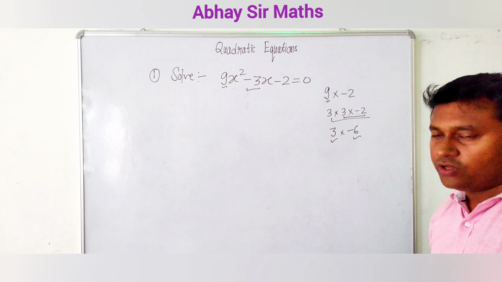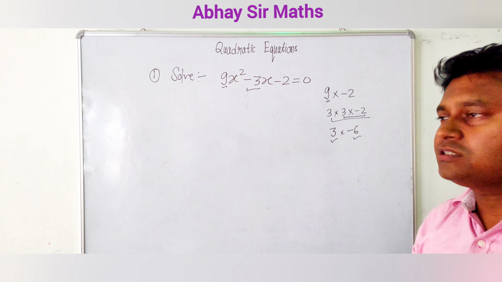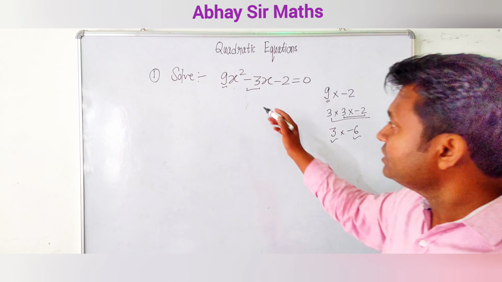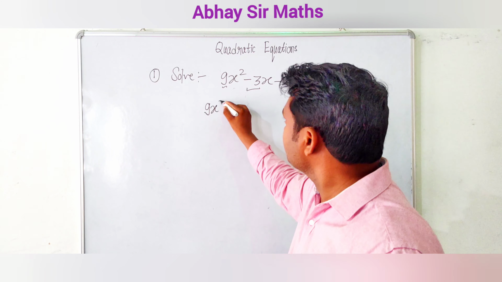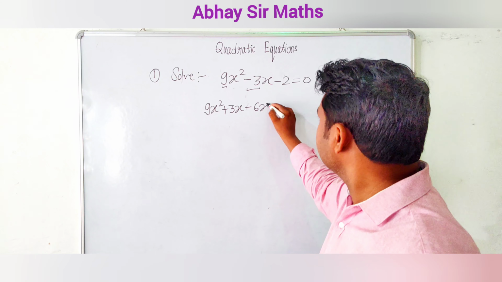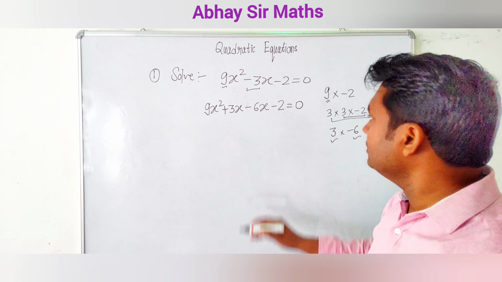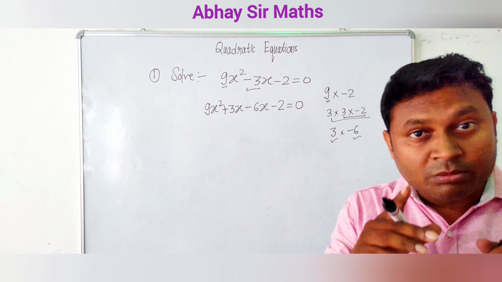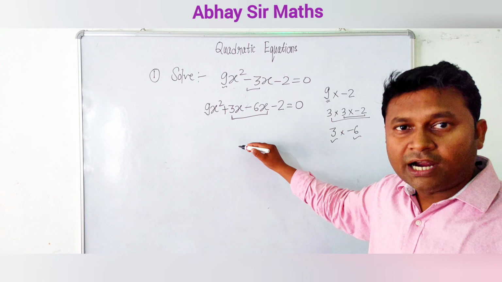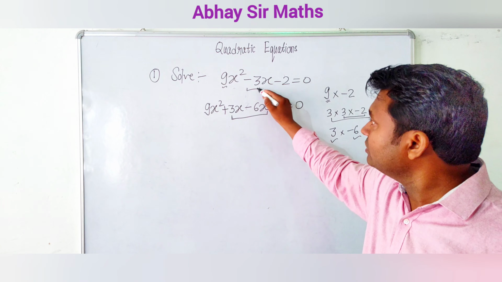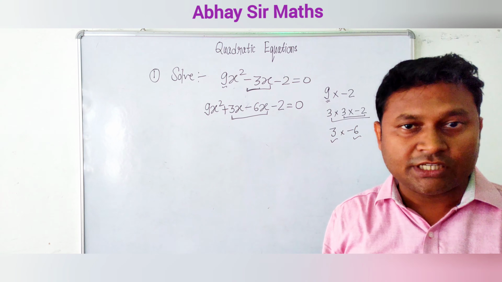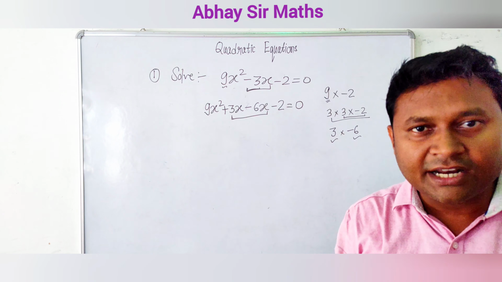If we add 3 plus minus 6, we get minus 3. So this can be written as 9x square plus 3x minus 6x minus 2 equal to 0. Do check that this result equals the middle term: 3x minus 6x is minus 3x, so we are moving in the right direction.